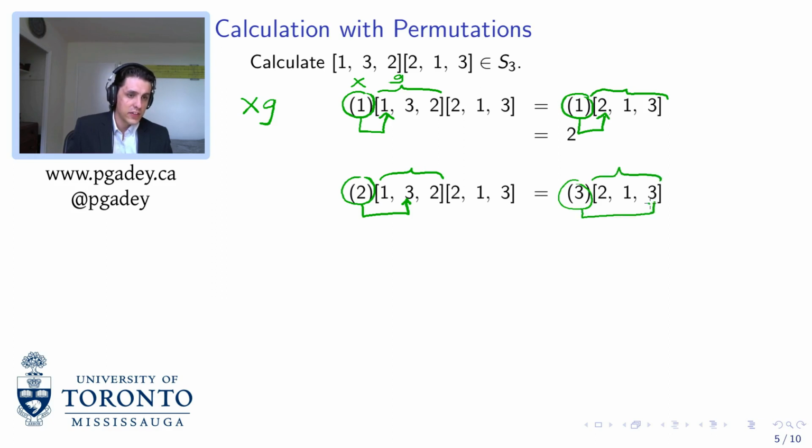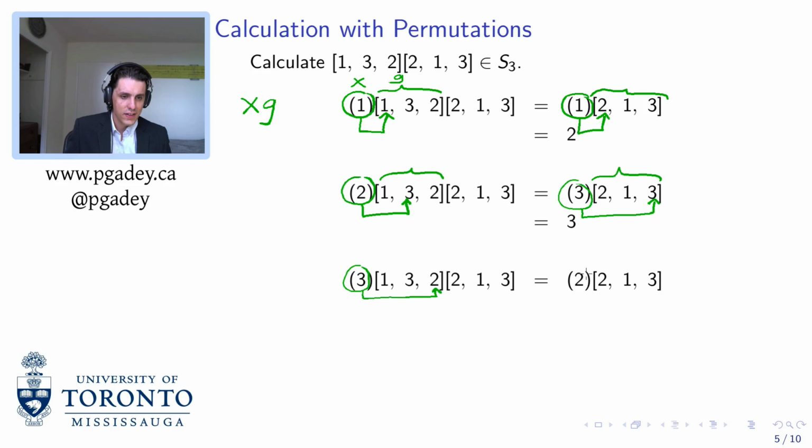We look in the third position, so we output 3. Now let's see what the permutation does to the value of 3. We take 3, look in the third position, so we output 2. Now we look at the second position, and we output 1. Okay, so let's put these pieces of information together. 1 gets sent to 2.